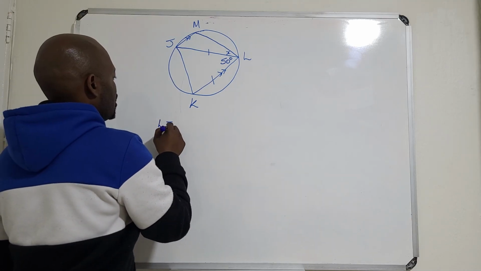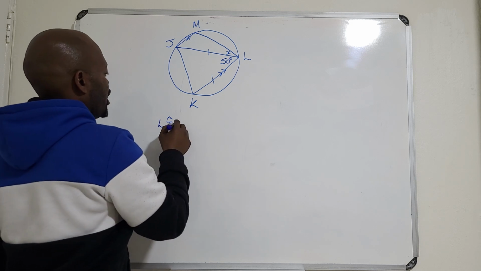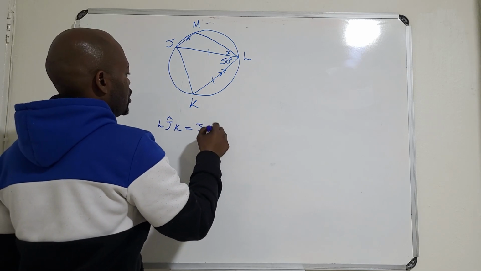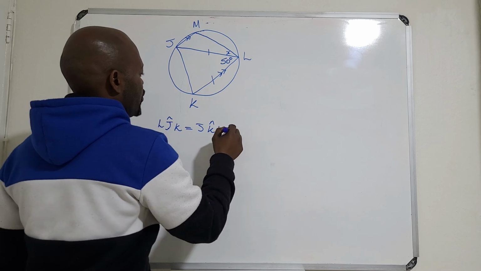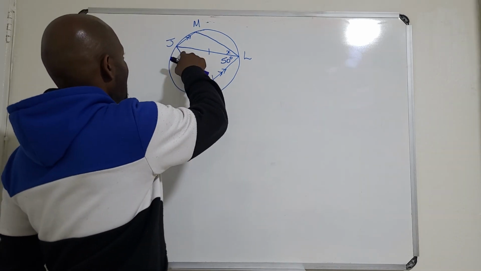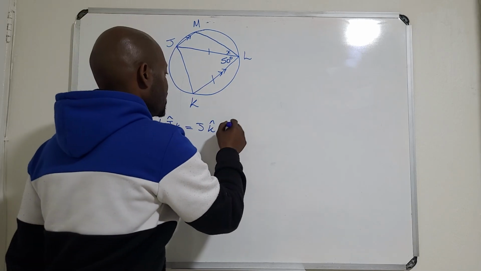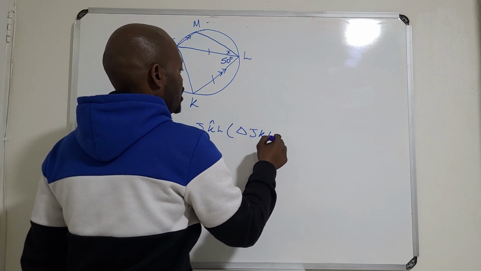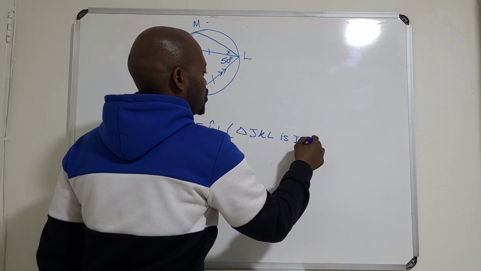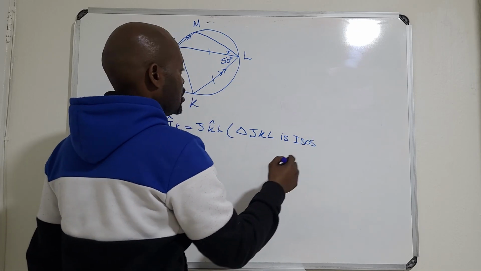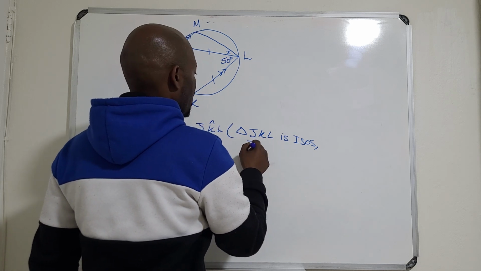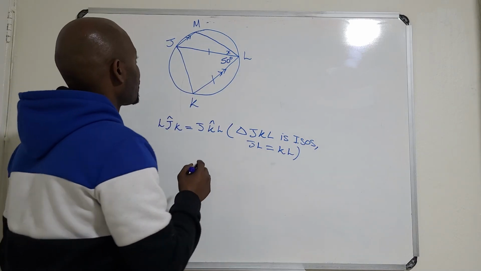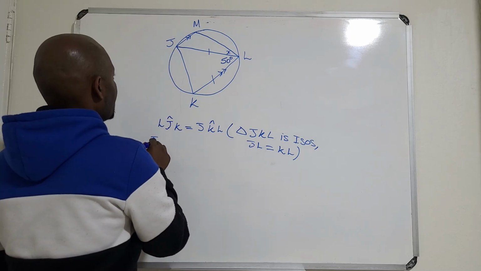Angle LJK is equal to angle JKL. Reason: triangle JKL is an isosceles triangle, where JL is equal to KL.